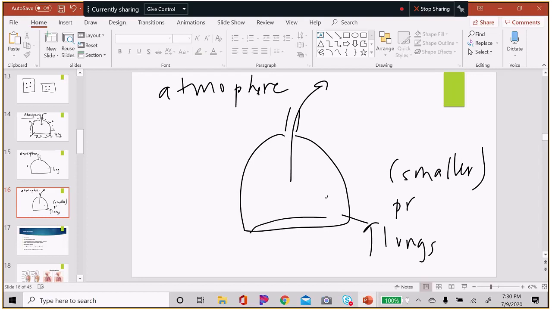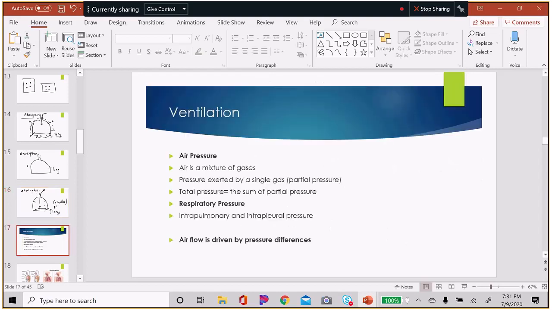So then the diaphragm relaxes and the intercostals relax, changing the size of the cavity of the lungs, making it smaller. That means the pressure is higher in the chest than it is outside, causing air to move outside. And that's the whole reason we can move air back and forth, is by changing and creating a pressure gradient.